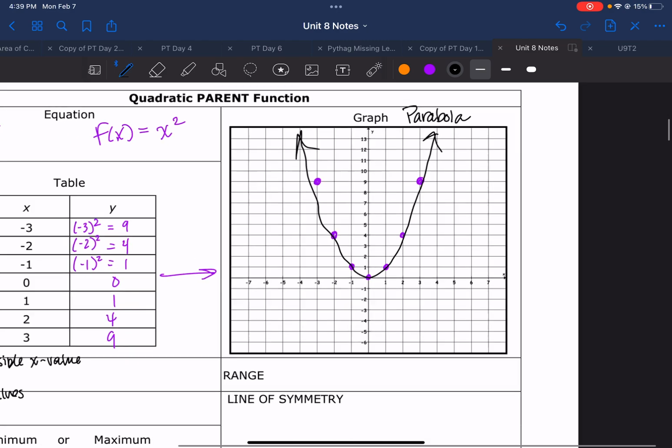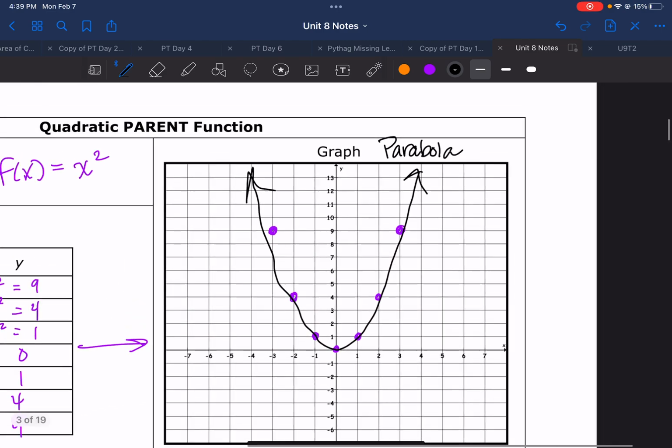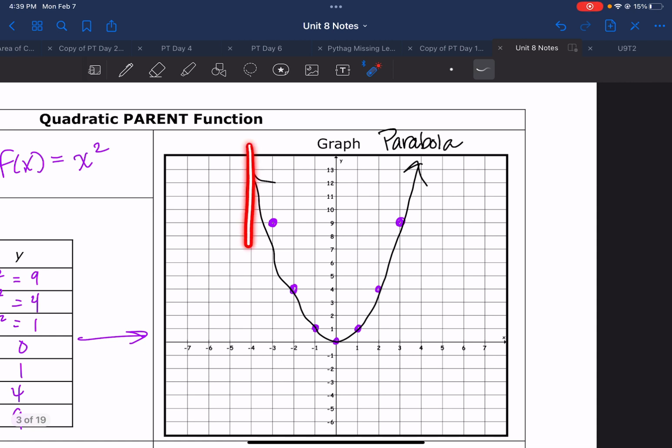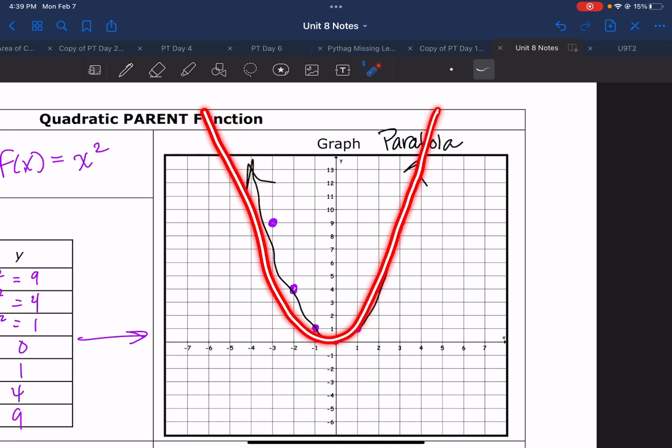So let's look at this real quick. X values. Can I draw a line here and say this is the farthest it goes to the left? No, right? Because this arrow indicates that it's going to keep going up, even though I don't have it drawn on here. It's going to keep going up, up, up. So I can't just say this is where it stops to the left. It keeps going.